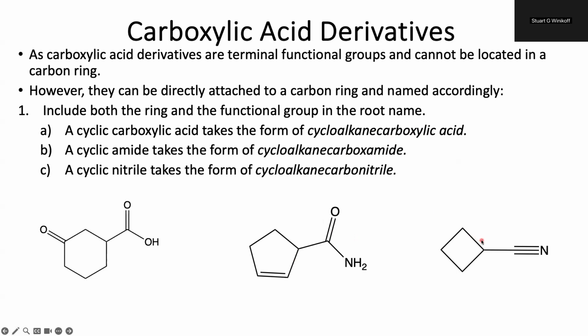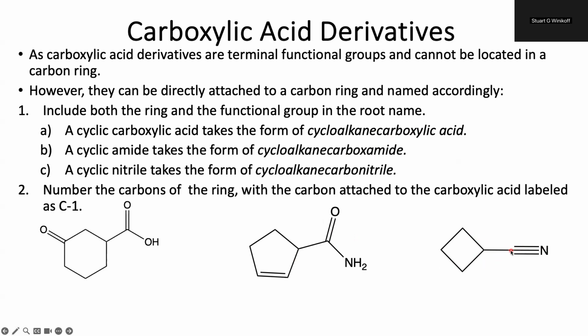Now, if I have a nitrile, again, very similar. It'd be a cycloalkane carbonitrile. So again, carbo really indicates that it's an attached group. So when we're numbering this, again, by definition, each of these groups will get the priority. So the carbon attached to them gets the C1 position.